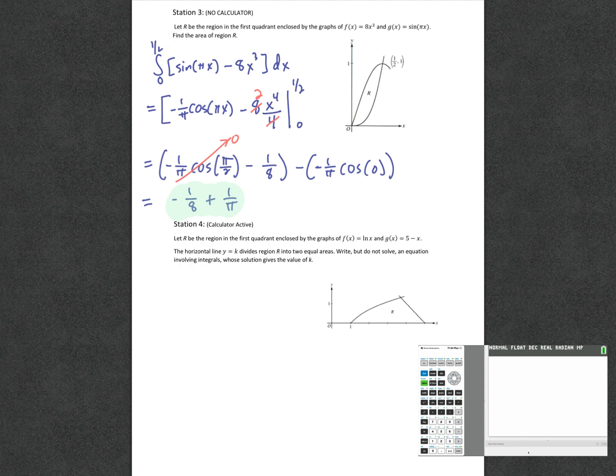They say let R be the region in the first quadrant enclosed by the graphs of f of x equals ln x and g of x equals 5 minus x. They say the horizontal line y equals k divides this region into 2 equal areas, but do not solve an equation involving integrals whose solution gives the value of k.